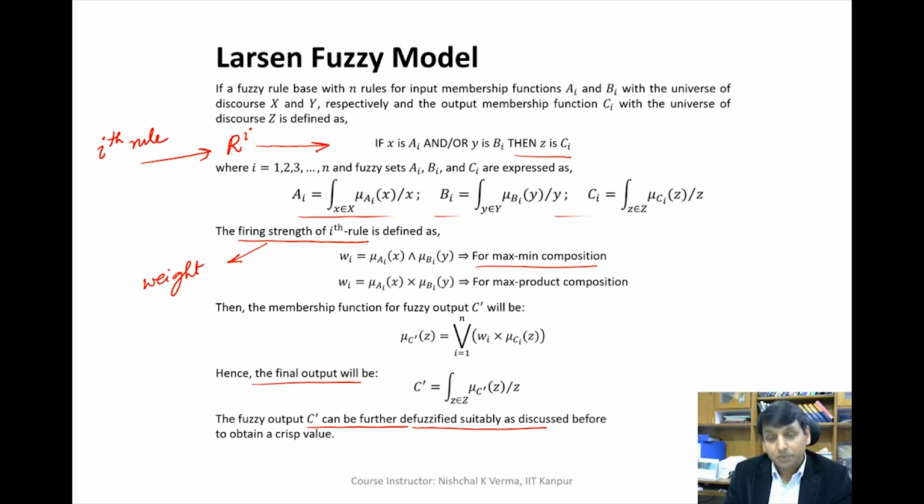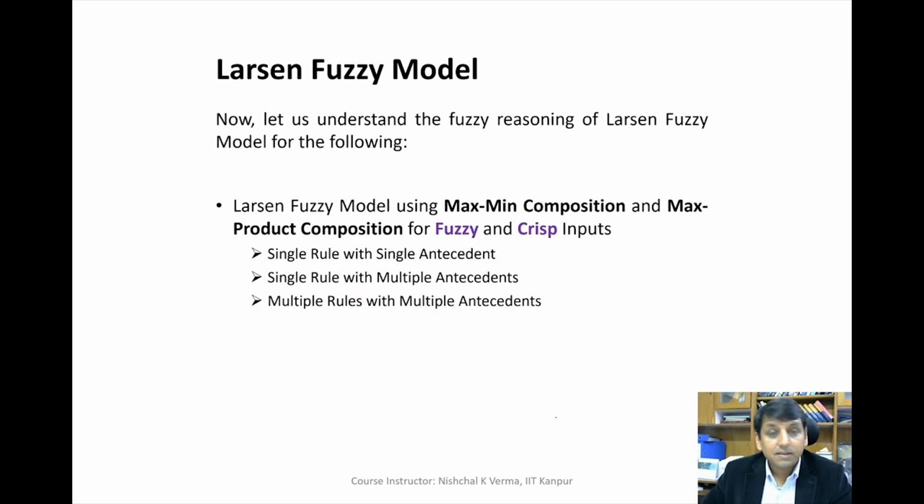So let us now take some of the cases which we have already discussed for the Mamdani fuzzy model as well. So here in the Larsen fuzzy model, we have the cases.